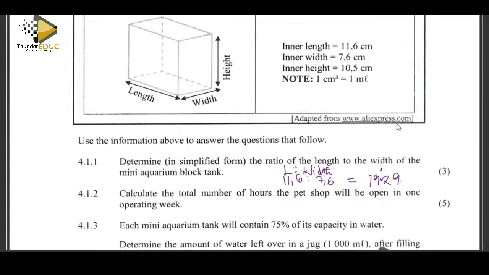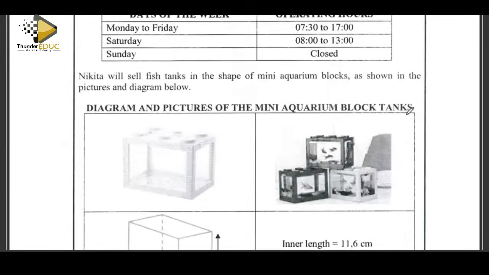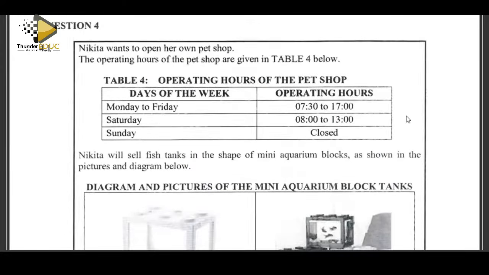Calculate the total number of hours that the pet shop will be open in 1 week. Calculating the total number of hours, the first one says from 17 to 7:30. How many hours are those?